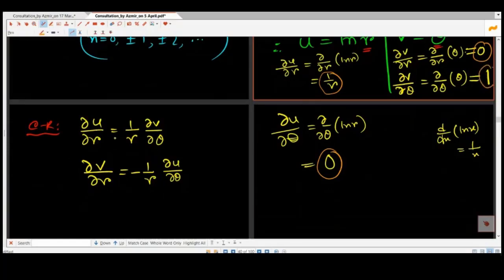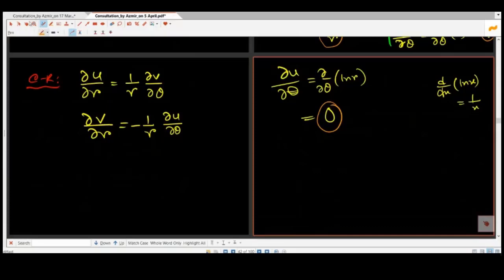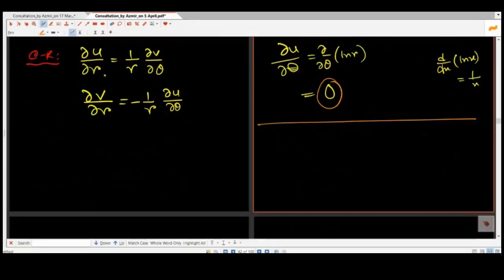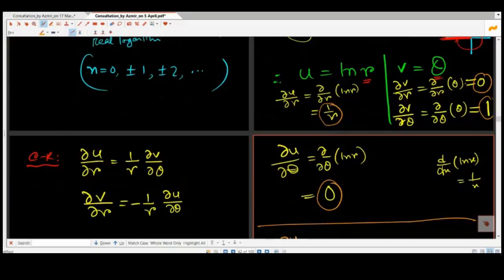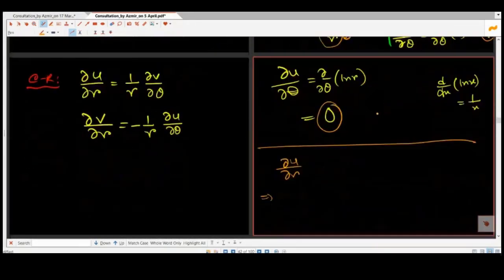So let's check whether these two equations are verified or not. du dr, which is 1 over r, equals, as the Cauchy-Riemann equation says, 1 over r dv d theta.